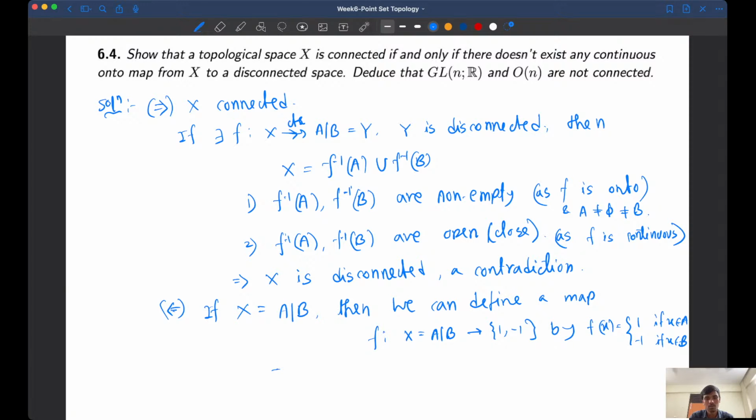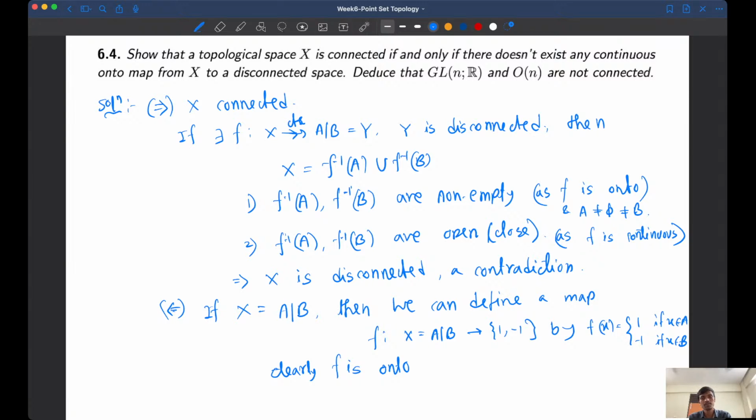Okay, then clearly f is onto, and continuity is also there, because to check, this is a discrete set, so whatever topology you take, the inverse image of the empty set is empty, and clearly the whole set X is also open.